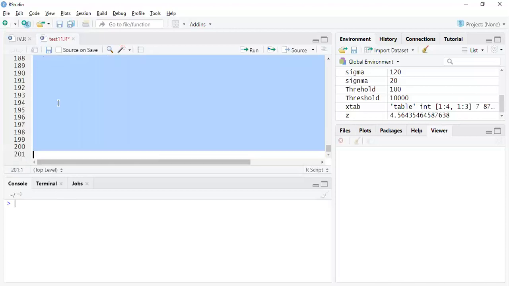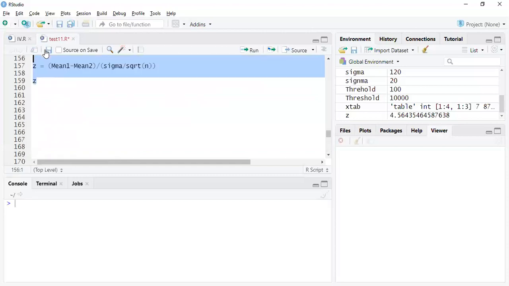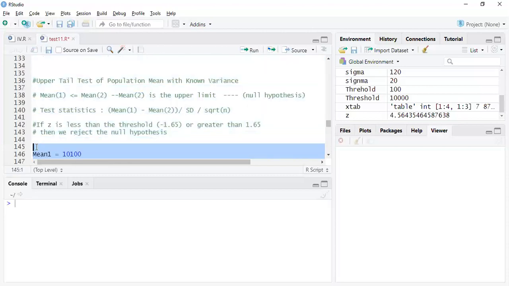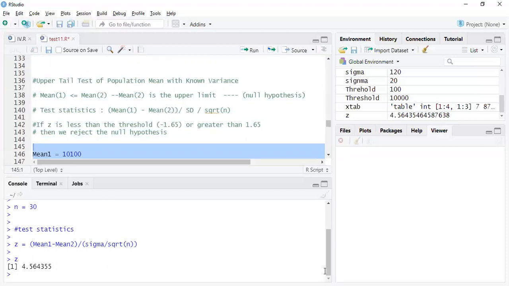Actually, you can also use some built-in functions for this, but you can also calculate the t statistic by yourself. Let us run this. All right, now it has run. You can also calculate by hand. You don't even need R for that. It comes out to be 4.5, which is greater than 1.65, right?